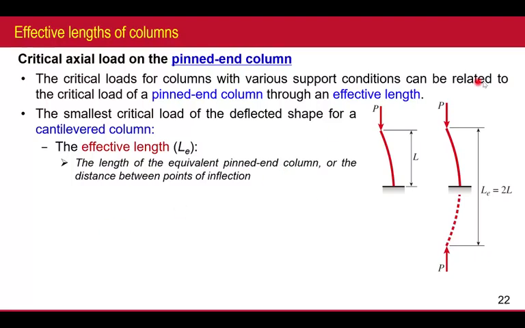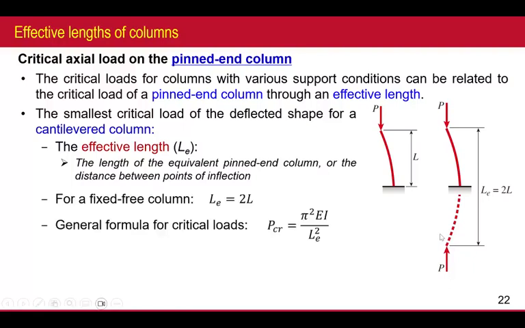It is the distance between the points of inflection. So for this kind of case, we say the effective length is equal to 2L, where L is the length of the column, but this case is similar to the two pin-end parts. So here PCR is pi squared EI over LE squared, with LE the effective length.